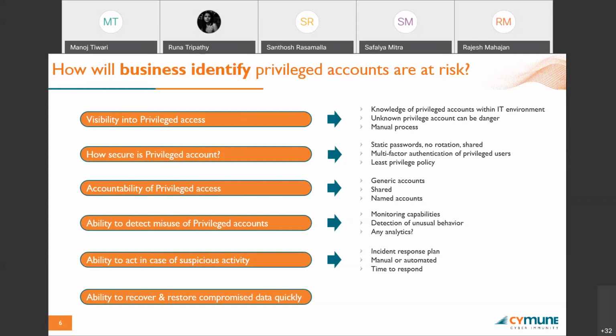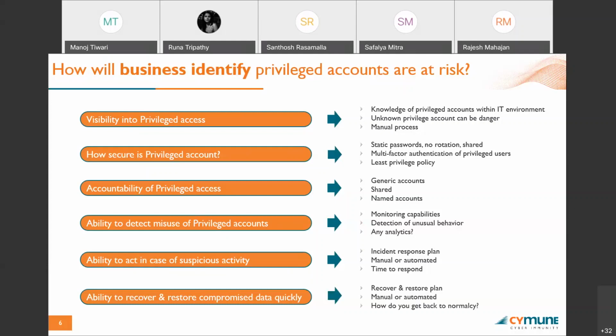It takes time to first detect what happened in my system, and then how do I really act? And the also big question is the time to respond. Most of the time we see that the time to response is not fast. It takes time to really identify and block some system. This is the area you have to really check in, whether you have a response plan and automate it.